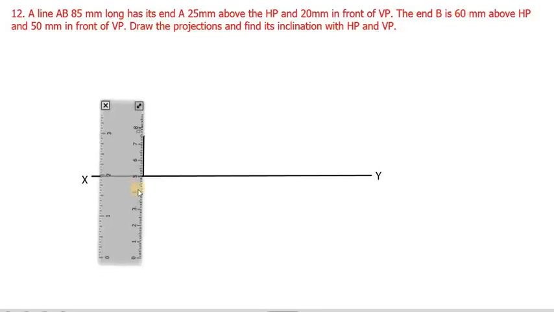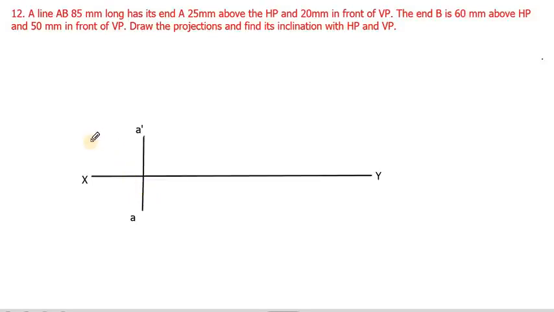So from there you can draw a straight line for 20 mm. Which means the point A can be marked 20 mm in front of VP, that is below XY. So draw a straight line from here for 20 mm. So this point will be A.